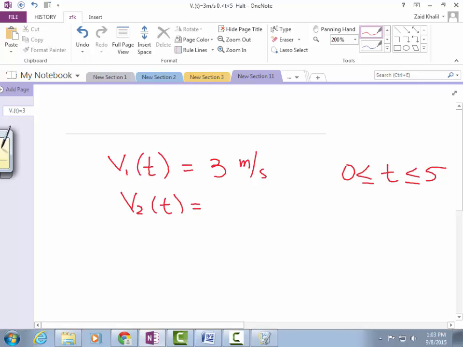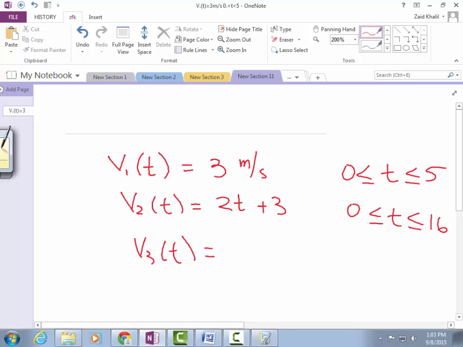All these are different velocity functions. v2 of t is 2t plus 3, for t less than or equal to, I don't know, 16. v3 is negative 5t squared plus 3t plus 2, for t less than or equal to 8.